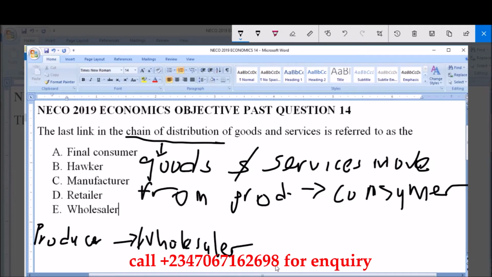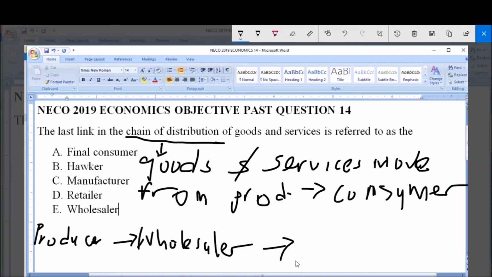So from the wholesaler to the retailer. Now the retailer buys in smaller quantities from the wholesaler, and then finally you have the consumer that purchases the good for their own use.